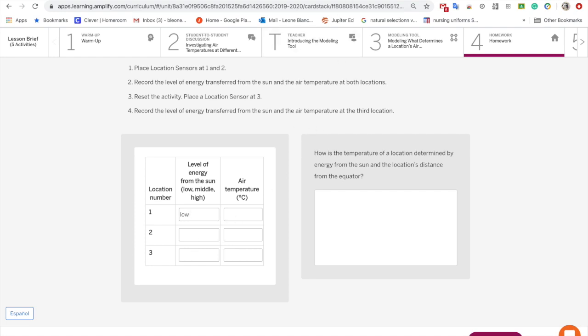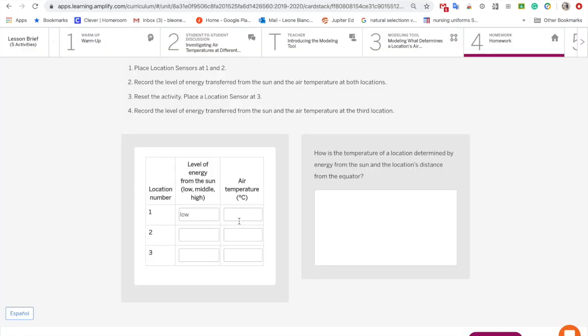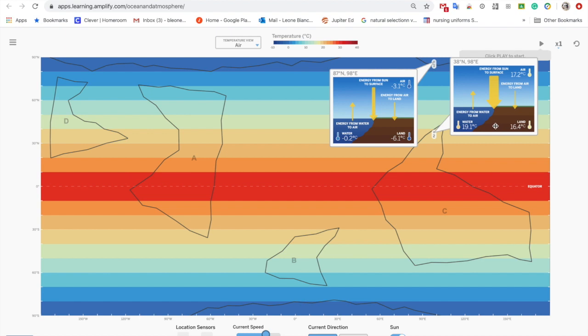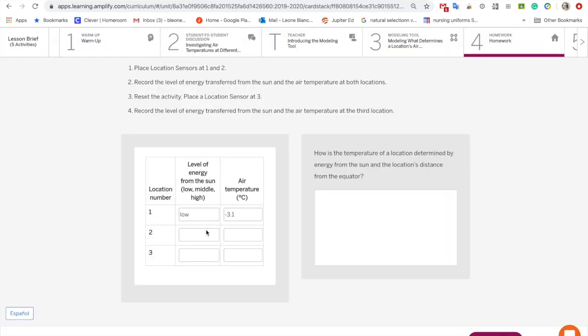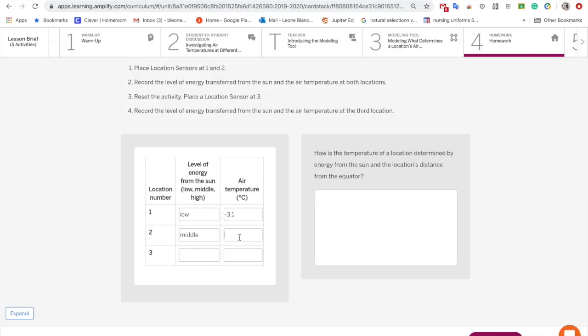And the air temperature is negative 3.1. In area 2, the energy from the sun, let's look down here, is right at that yellow marker, which is medium or middle. And the temperature of the air is 17.2.